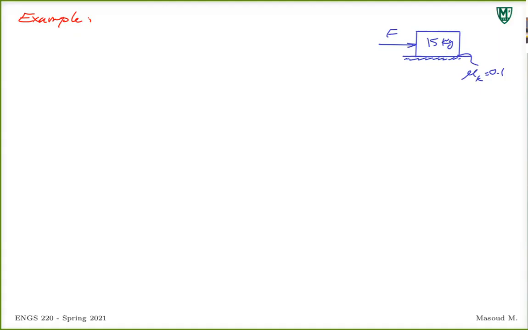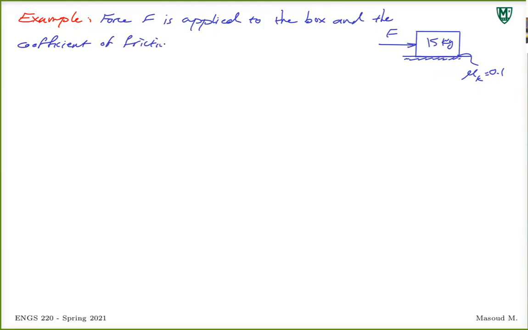Now, here's the problem statement. We are told that the force F is applied to the box, and the coefficient of friction between the box and the surface is mu k, kinetic friction, 0.1.